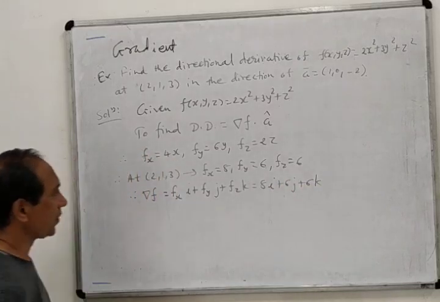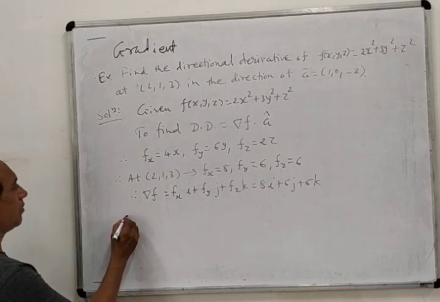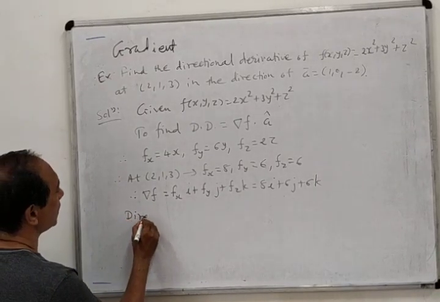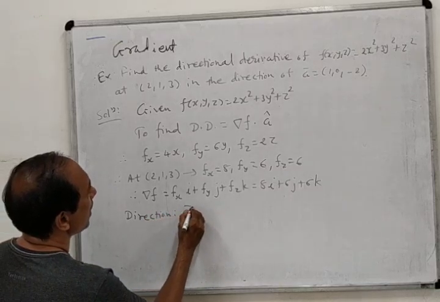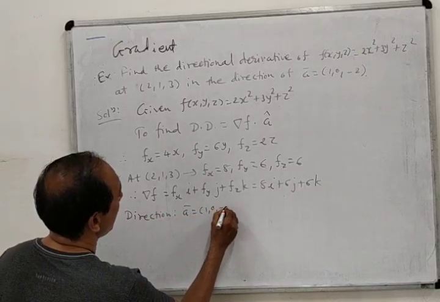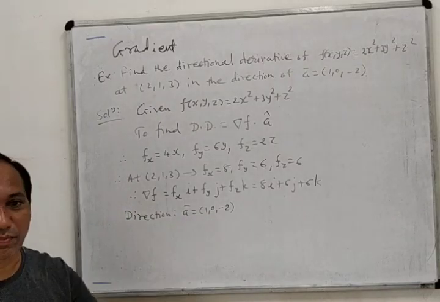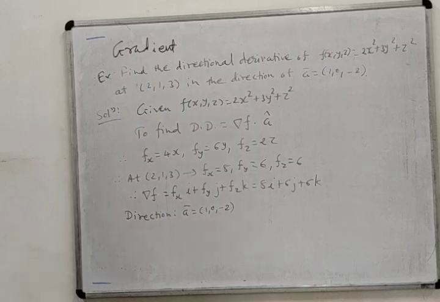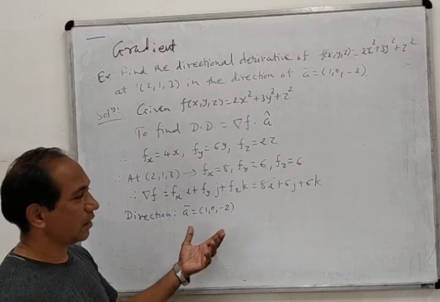Okay, this is the gradient. Here we want to find out in the direction. So what is the direction given? Direction is a bar equal to (1, 0, minus 2). Here I told you that sometimes the vector can be written in this point form also, or else we can write it in the i plus j plus k form.